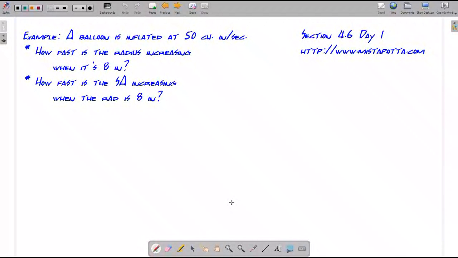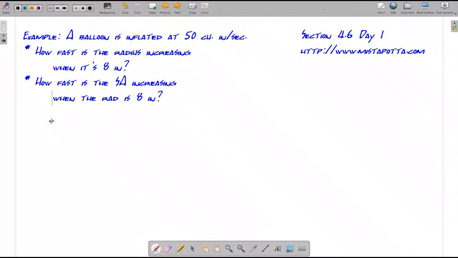So I'm going back to part 1. I'm dealing with volume changing, and I want to know what's happening to the radius. So I need a relationship that involves volume and radius.